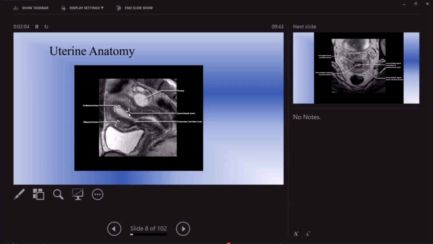And then if you look at the junctional zone of the myometrium, it is continuous with the cervical stroma, low signal intensity. You can see clearly this is what we call the inner cervical stroma, which is low signal intensity. So these are the important points that you have to memorize. And then you can see sometimes ovaries with follicles in it.